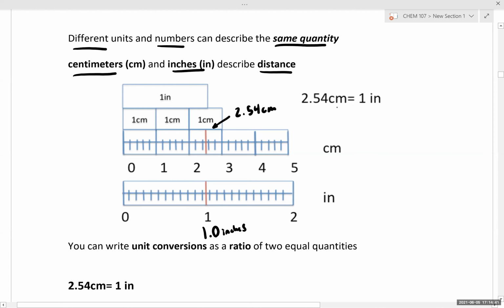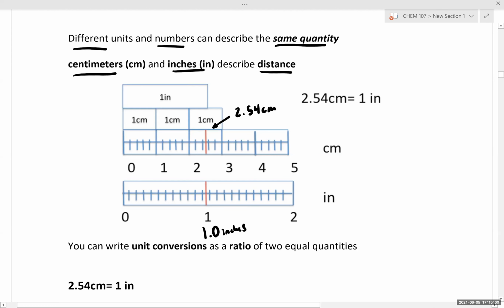So 2.54 centimeters is the same amount of distance as 1 inch. These 2 quantities are equal, right? The red line is at the same spot in both of these rulers.